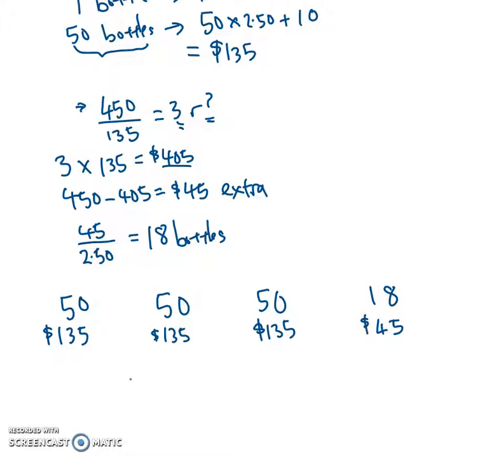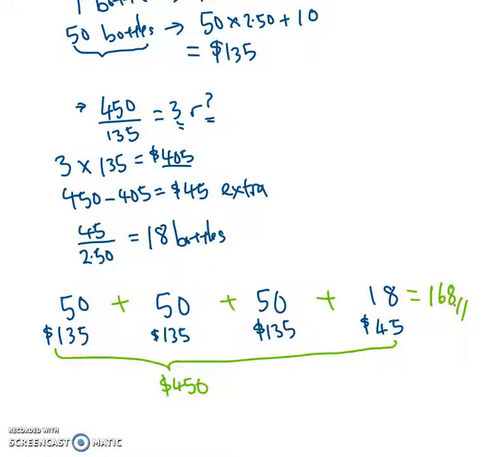If I add up all of this, it should get me $450. So I need to sell 50 plus 50 plus 50 plus 18 bottles, which equals 168 bottles. So that's the answer.